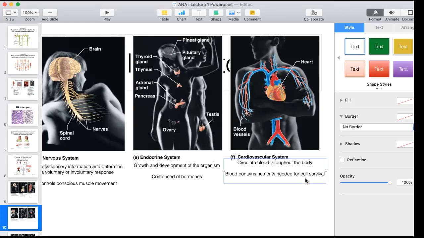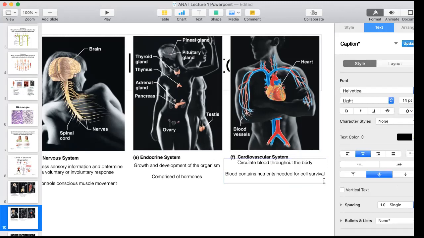I jokingly compare the cardiovascular system to the brain to the Sega Game Gear. Many of you have no clue what I'm talking about, but the Game Gear was a handheld system that back in the 90s ran on 6 AA batteries and it had a span of an hour, meaning that if you were really invested in a game and you were playing it for 4 hours, well, I'm no math magician, but that's like 24 AA batteries.